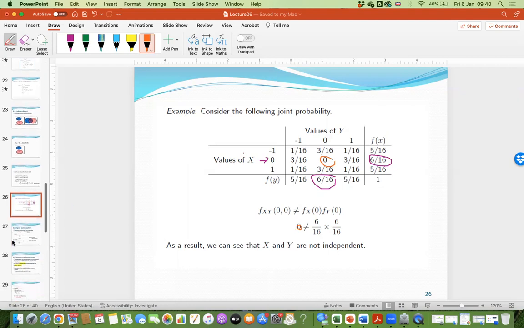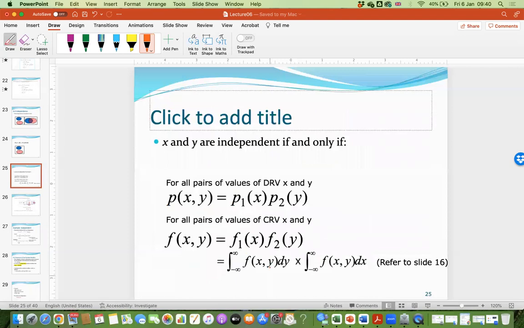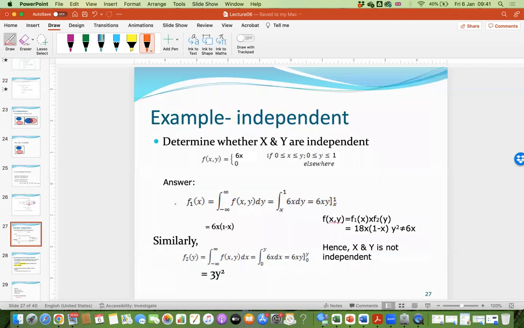Okay, let's check it out for continuous random variables. Same thing as I mentioned: you try to get the marginals of x and y and check. Let's say I try to find my marginal x first.